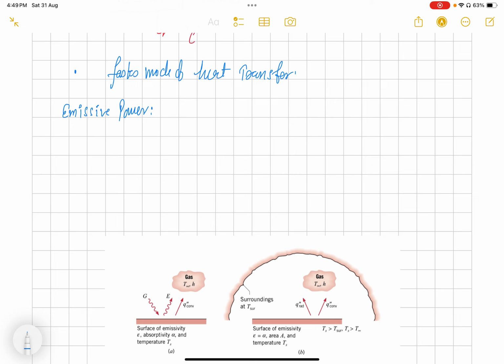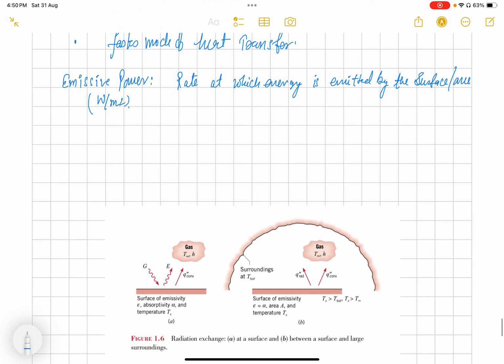As the name suggests, it is the rate at which energy is emitted by the surface per unit area. It is in watt per meter square.